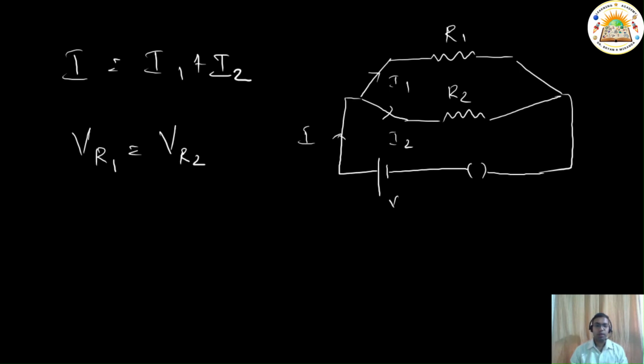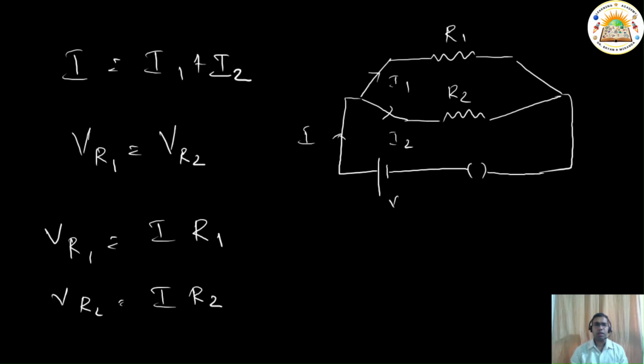So we can go ahead and write from Ohm's law, V across R1 is equal to I1 R1, V across R2 is equal to I2 R2, or since they are equal, I can have I1 times R1 is equal to I2 times R2. So from here, we had a small error, I think. Yes, it has to be I1 and I2.